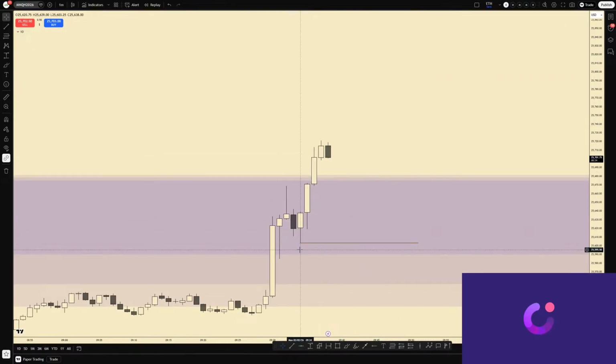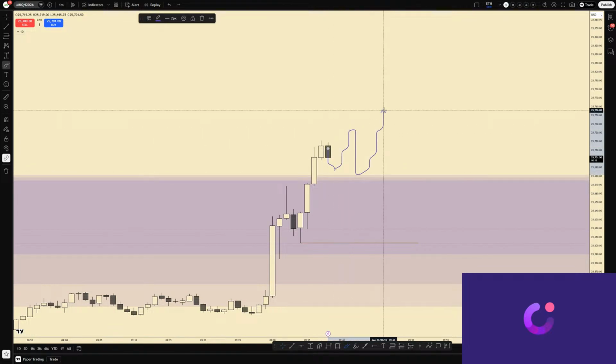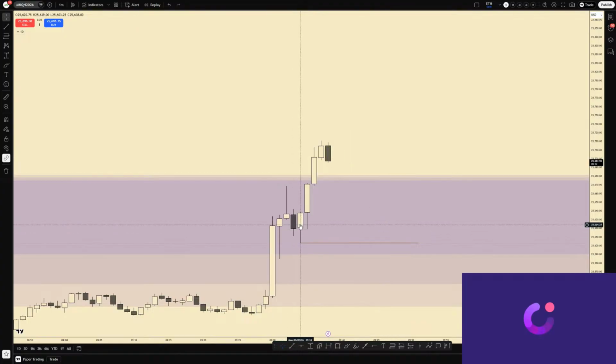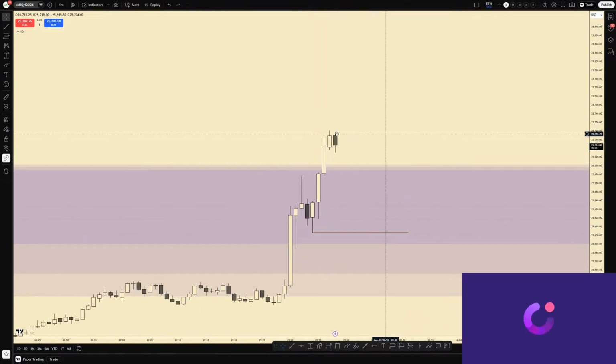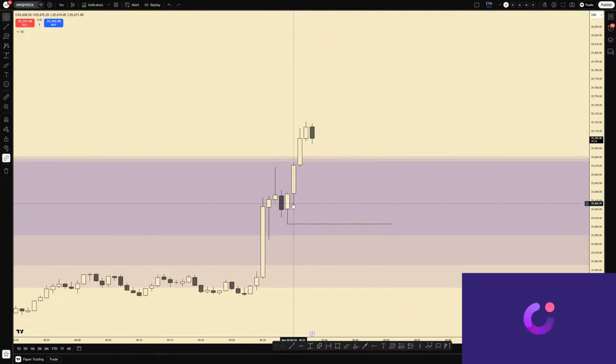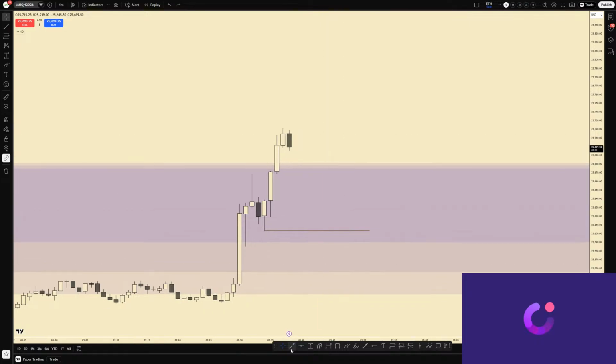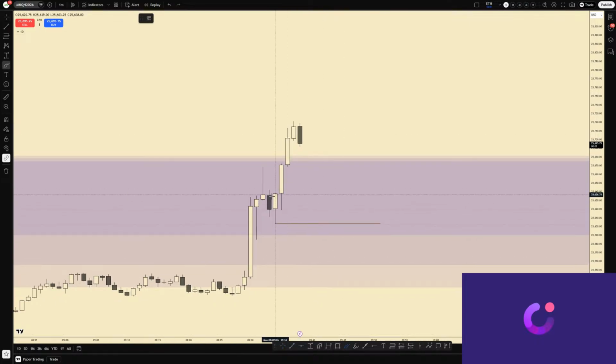I would rather see price creating another tap low and giving an SBS around here instead of waiting for this one because of these imbalances, right? If there weren't too many imbalances, I would like to see price coming back, sweeping this, giving a double bottom and going back higher.